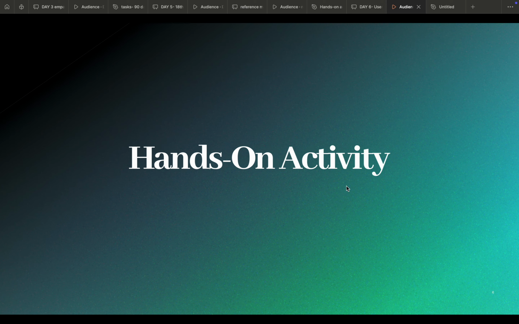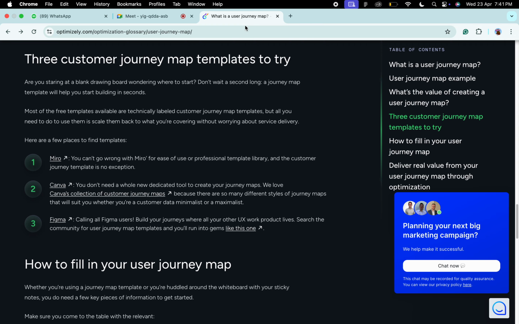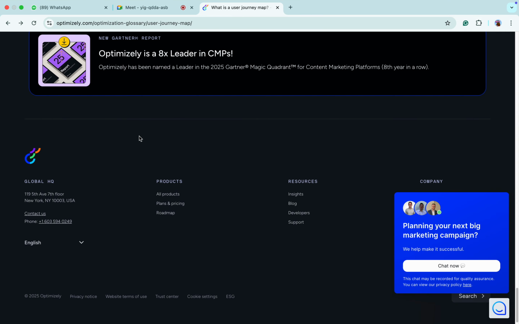So let's do the hands-on activity. You guys can work on a scenario based on the problem statement that you have taken. Based on that, first frame the scenario and then start with the user journey mapping, the phases involved, and the actions or touch points the user is taking. I'll also share the templates.